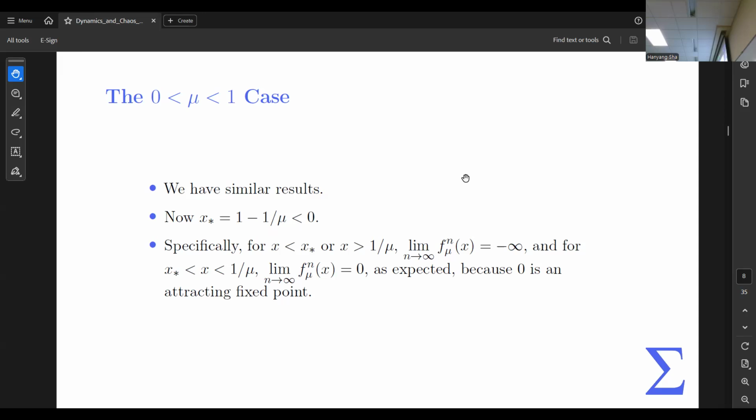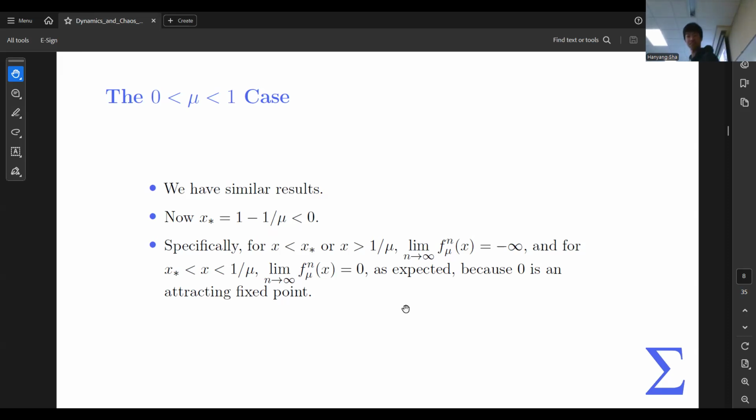Everything greater than 1 or less than 0 gets mapped to infinity, and then between here and here, f of x is greater than x, so you get mapped toward the other point. And for everything in this range, f of x will be less than x, so it gets mapped to something else. This is by the same reasoning as mu between 1 and 3.